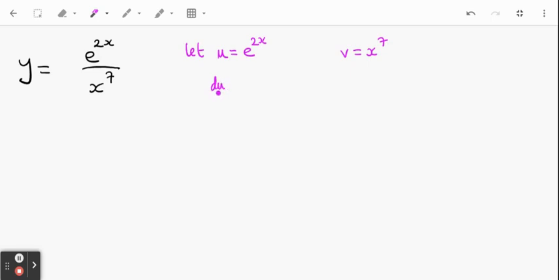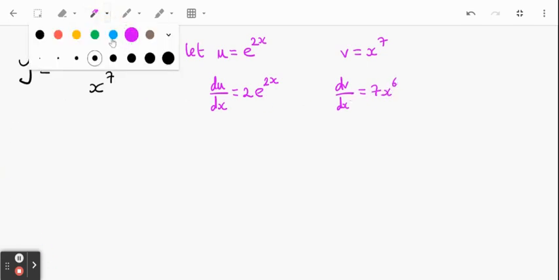We say du dx is equal to 2 times e to the power of 2x, so that's using chain rule, and we've got dv dx as 7x to the power of 6.